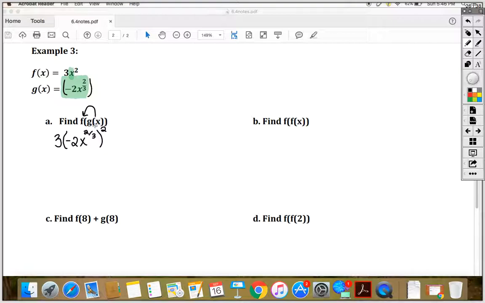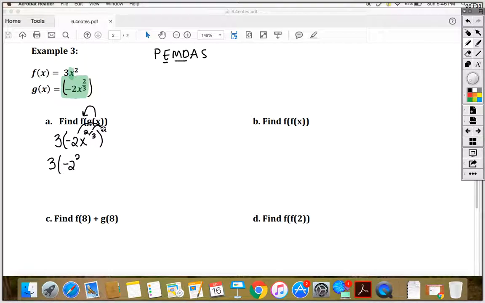So we're going to take care of our power first, because if you remember PEMDAS, before I multiply and divide, I have to take care of my exponent in my parentheses. So I'm going to distribute my power of 2 to both things inside of my parentheses. I don't need this 3 yet. We'll do it in a second. So negative 2 gets the power of 2. And then x to the 2/3 gets my power of 2.